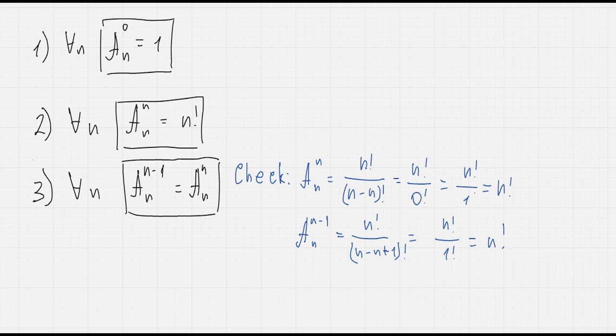If after that we wanted to choose all the balls, only one ball can compete for the last position, and our previous result would be multiplied by 1, that is, it would not change. Therefore, A of n and n minus 1 is always equal to A of n and n.